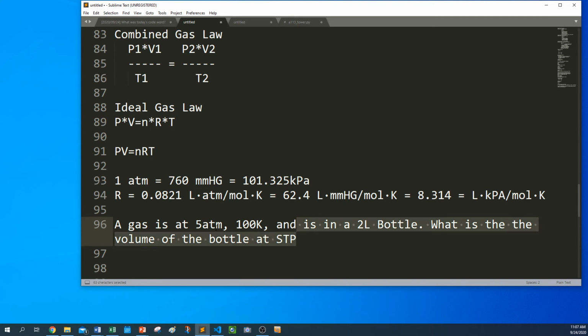So not only do you need to know the combined gas law, you have to know STP to solve this problem.